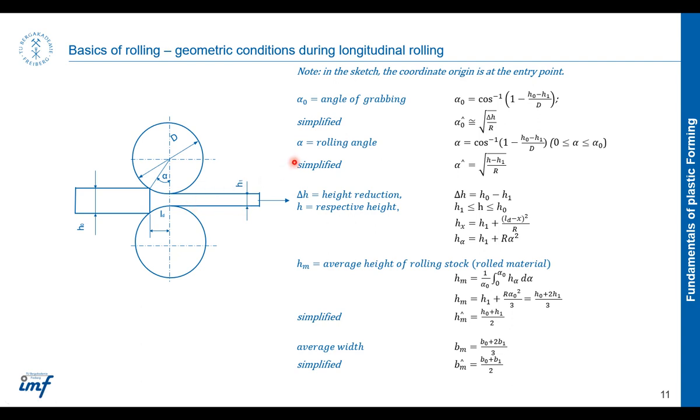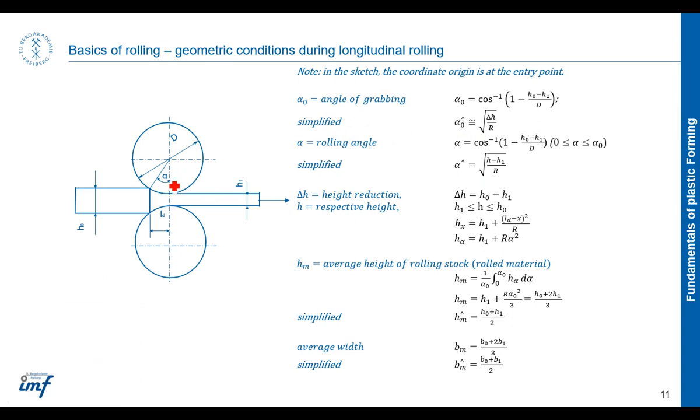Anyways, coming back to the lecture, considering this simple process of rolling, where we initially have the initial height of the billet, final height of the billet, initial velocity, and the final velocity, we can do some simple arithmetic to calculate these. So angle of grab, this is important.